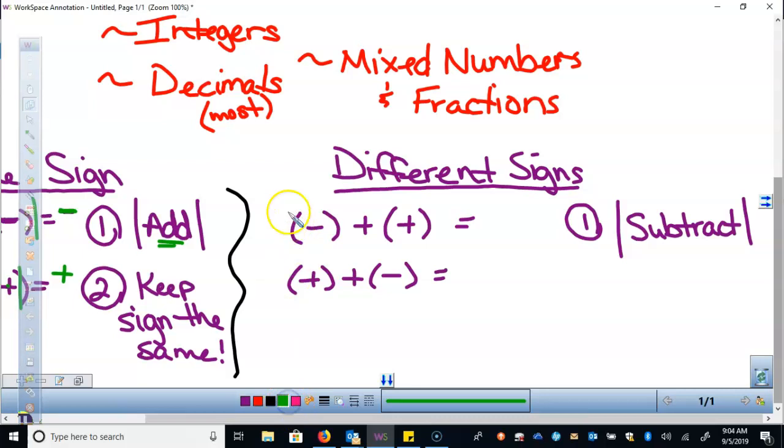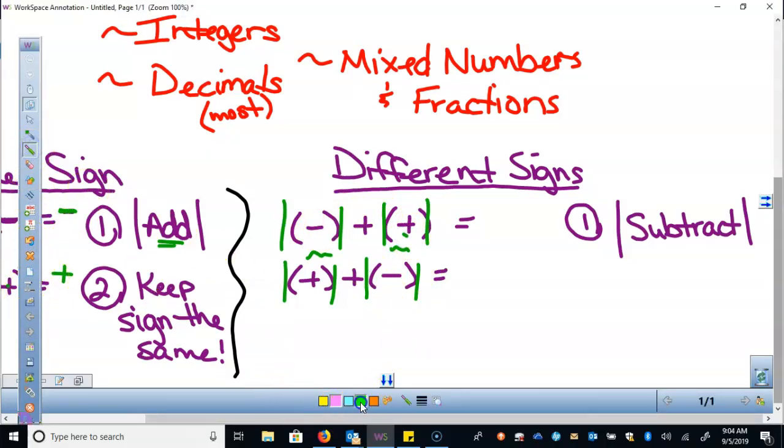So we're going to take the absolute values of both of these numbers and we're going to subtract them. Now, when we find the absolute value, we need to identify which absolute value is greater so that we can do our subtraction properly. So if this one is greater, for example, then it would be the first number on the top of our subtraction problem.